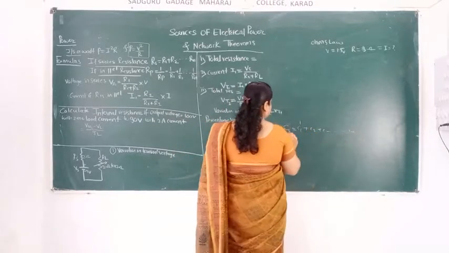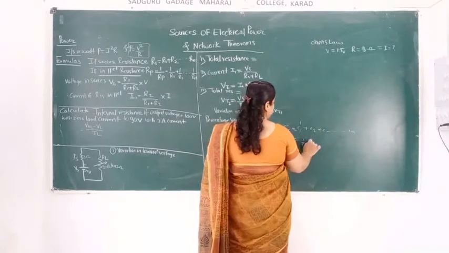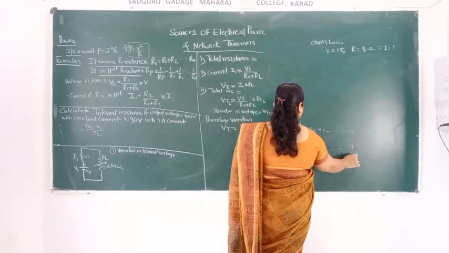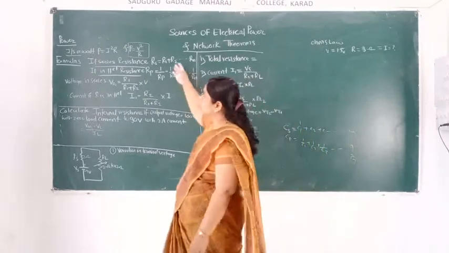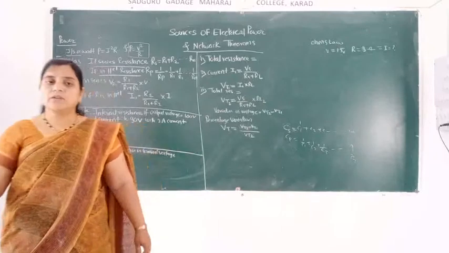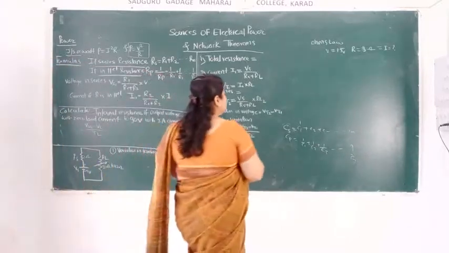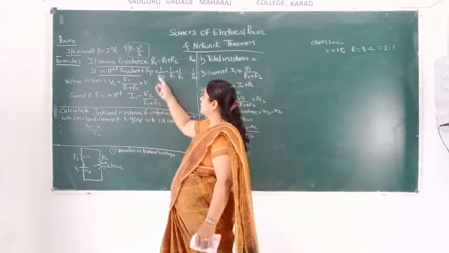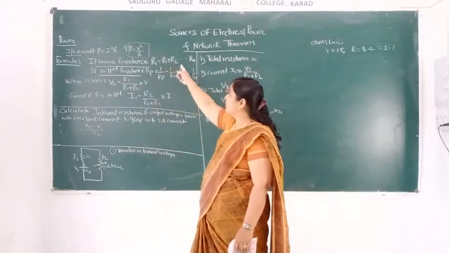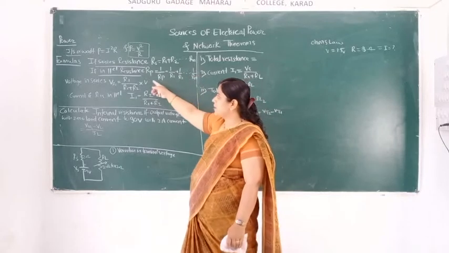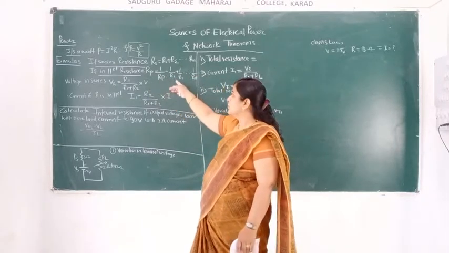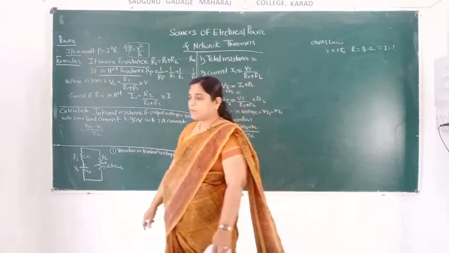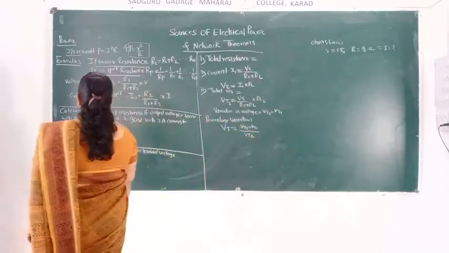If they are in parallel, then 1 upon C1 plus 1 upon C2 plus 1 upon C3 up to 1 upon Cn. Similarly here, if resistors are in series, then Rs is equal to R1 plus R2 up to Rn. If resistors are in parallel, then 1 upon R is equal to 1 upon R1 plus 1 upon R2 up to 1 upon Rn.